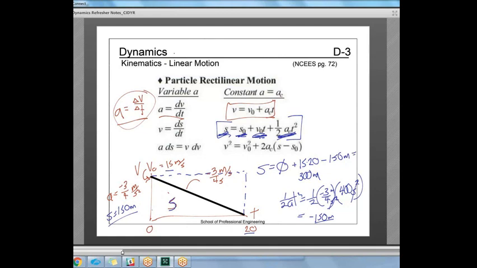So in this case, our S equals 0 plus 300 minus 150 tells us we started at 0. We would have gone 300 meters, but since we slowed down, we lost 150 meters of that, leaving us with a total of 150 meters.